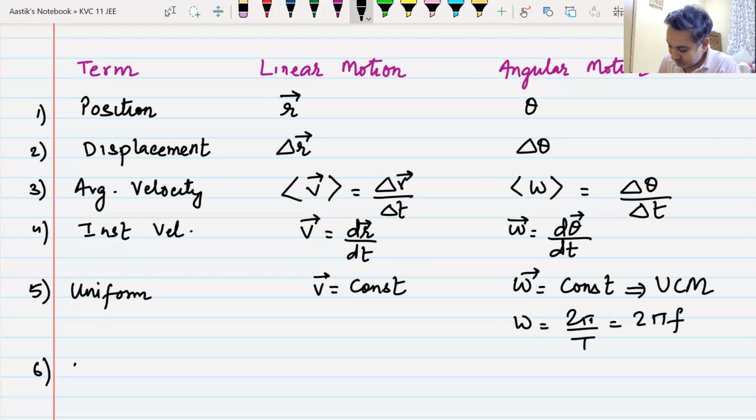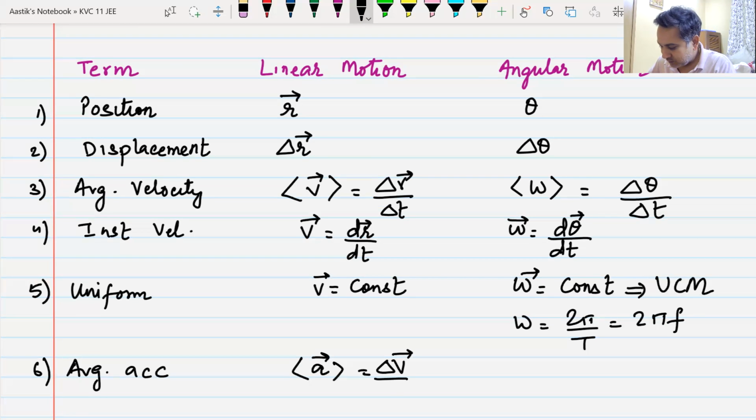Then we had seen average acceleration here. Here it was a vector. Total change in velocity divided by total time, or I can write it as v minus u divided by t.